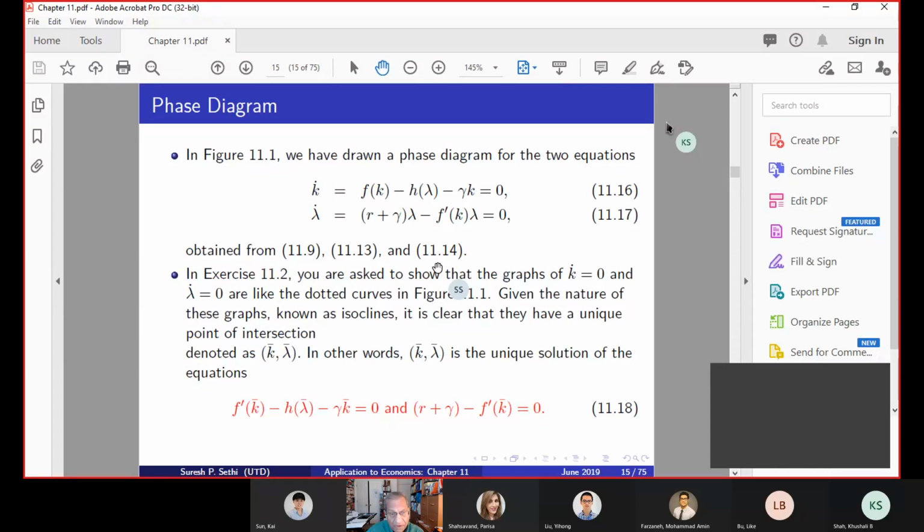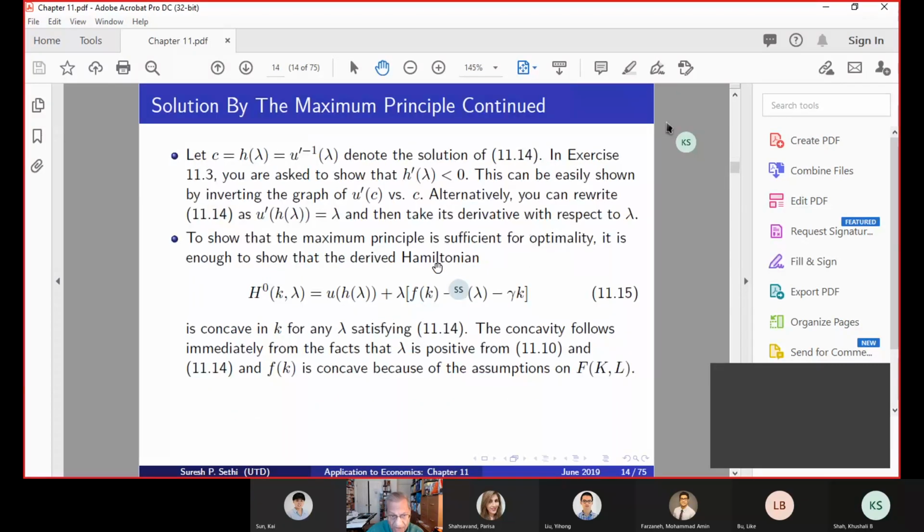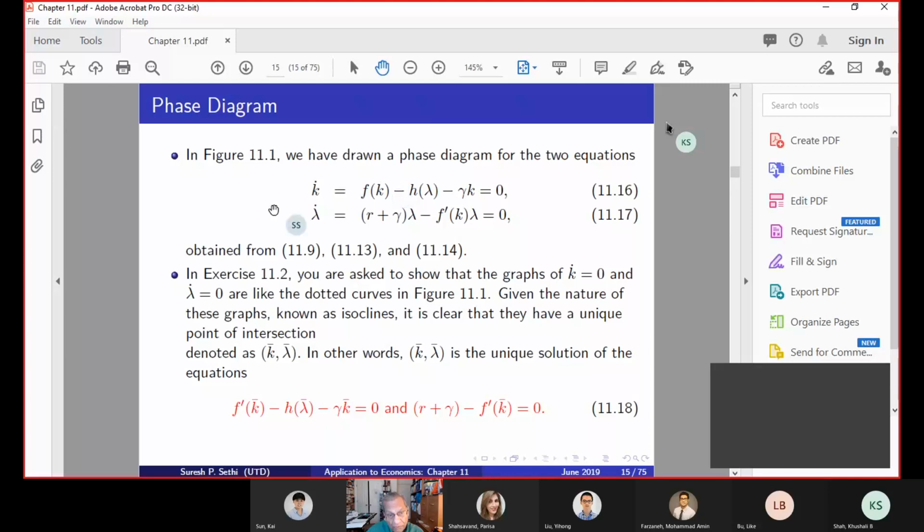So this is the phase diagram. I am now going to apply C equal to h by lambda, and I can substitute that into our two equations. So we have these two equations, and I now want to find a stationary solution, like a turnpike. That's what I want to find out.